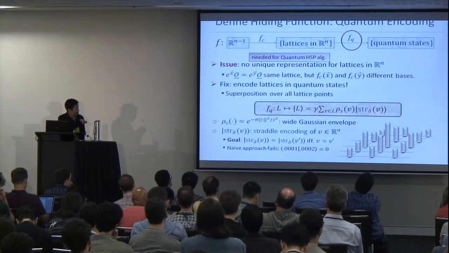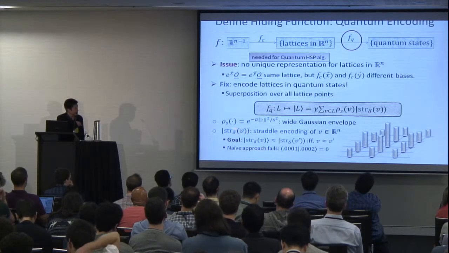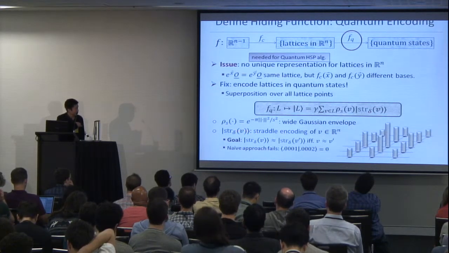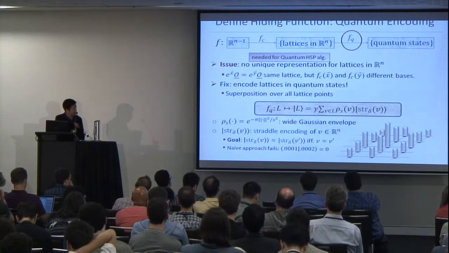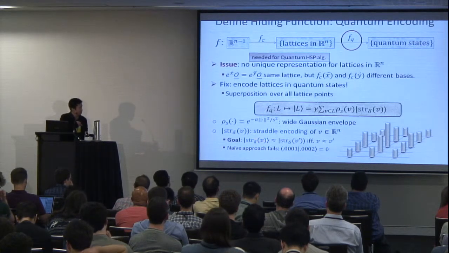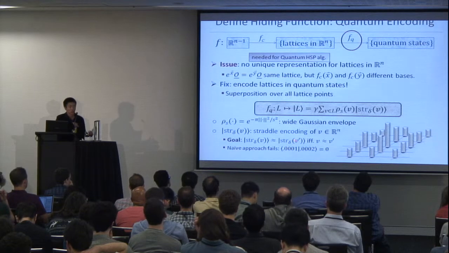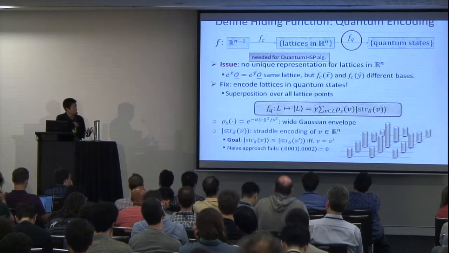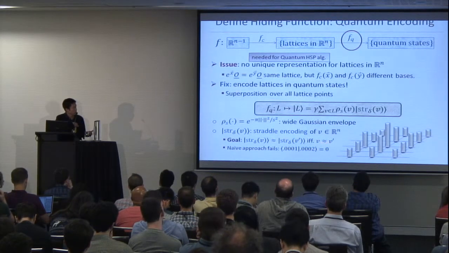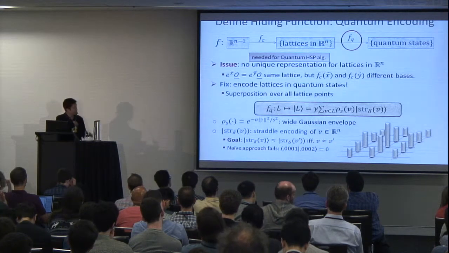we encode it into a quantum state using what we call a Strano encoding. And the goal here is to make sure that the encodings of two vectors will be close only if the two vectors are nearby in space.